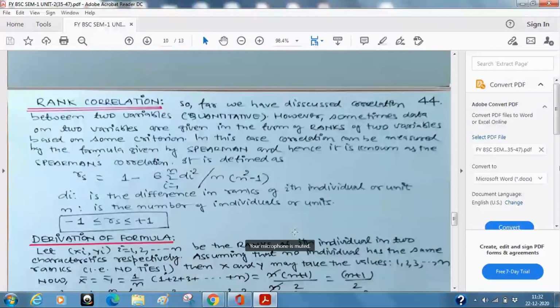I hope you understand what a tie is. It happens in many cases. Even in your scores or percentile, there may be 10,000 students across the country who have scored 99 percentile. So they all have the same rank.